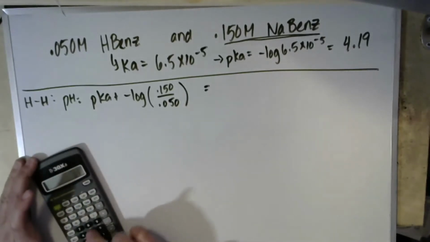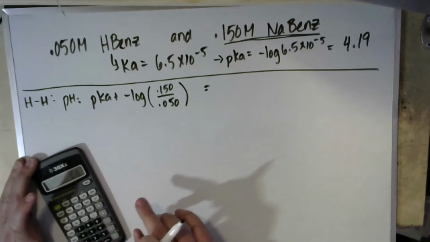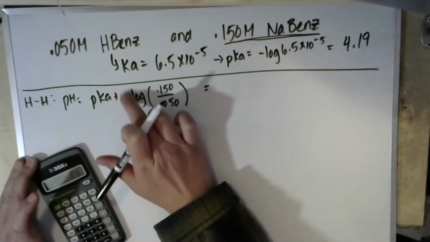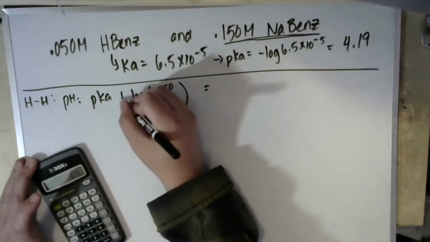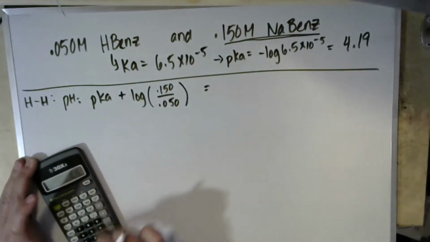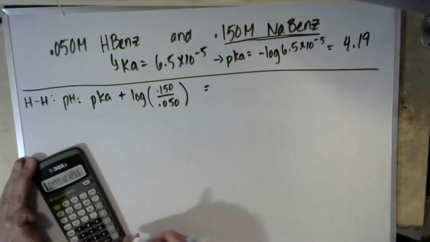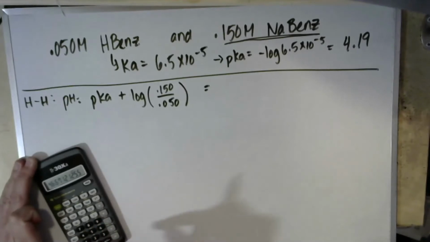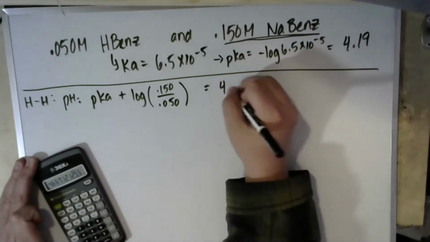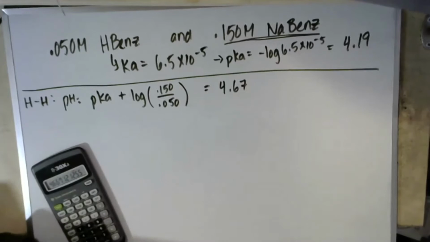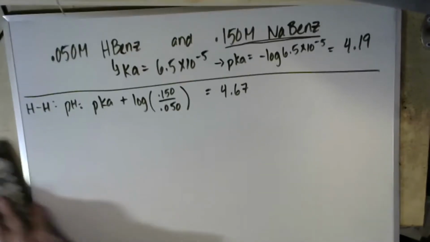So we're going to do 0.150 divided by 0.050, log, plus the pKa. Using the Henderson-Hasselbalch equation, we get 4.67 for the pH.